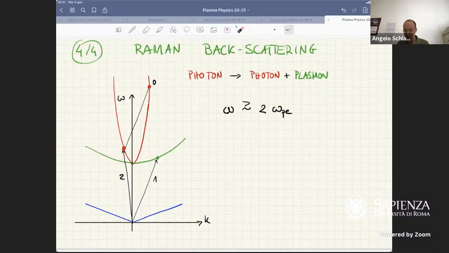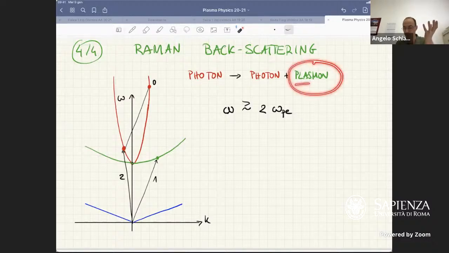So this phenomenon is occurring at density higher than quarter critical, and again it is represented a way in which a significant fraction of the energy that we send to the plasma is coming back towards us in terms of a reflected photon, and only a fraction of the incoming energy is given to a wave that is inside the plasma.